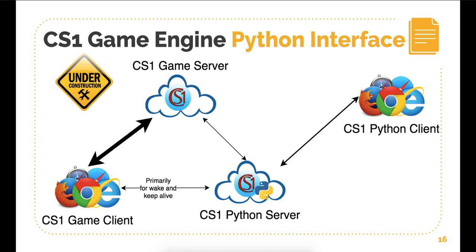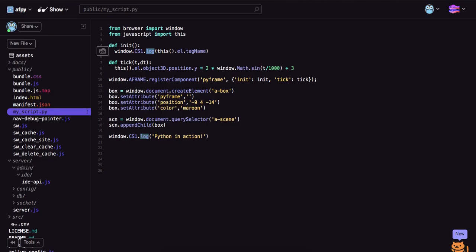The multiplayer game server is a Node.js server. Okay, just a point of clarification right there. So I'm looking for people willing to work with some Node.js code that would interact with the Python Flask server and also with the client.